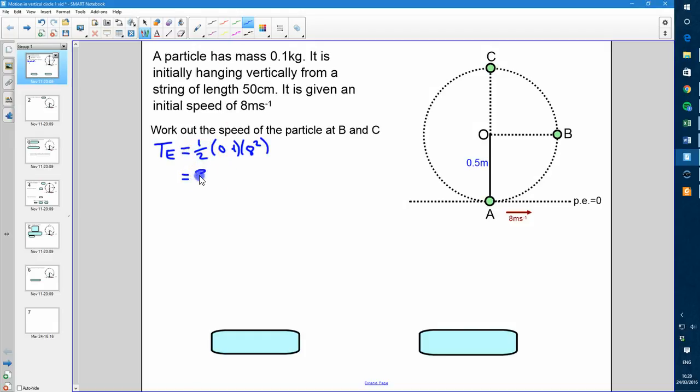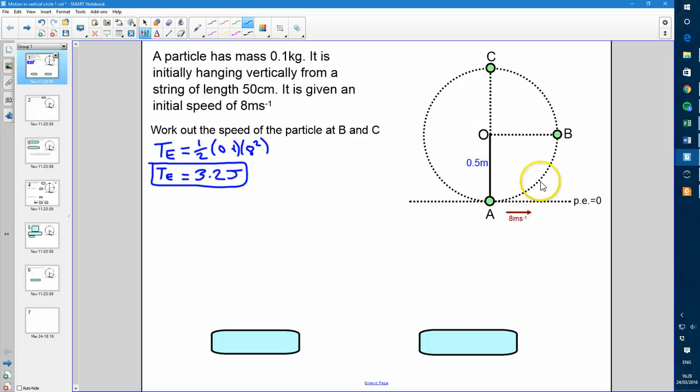I can use my calculator for that if I wanted to, but I'll write down 3.2 joules. Okay, so that's the total energy in the system, and that's going to stay the same throughout. So it doesn't matter where my particle is, that's going to be its total energy.